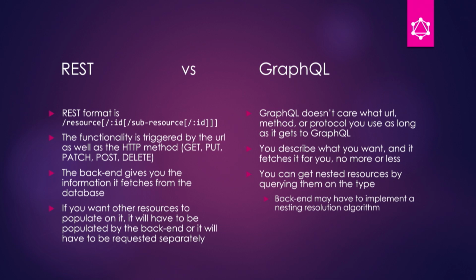Differences between REST and GraphQL. First of all, the REST format is similar as far as their URLs. The format is, I want this resource. You can optionally have an ID for that resource if you're getting one or affecting one of them. If there's a sub-resource, you can have it based off of that.